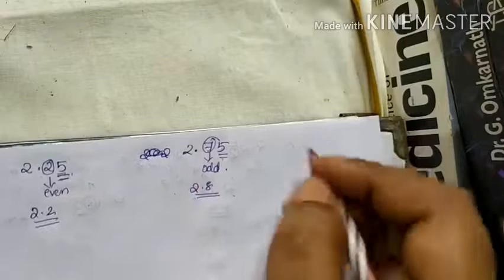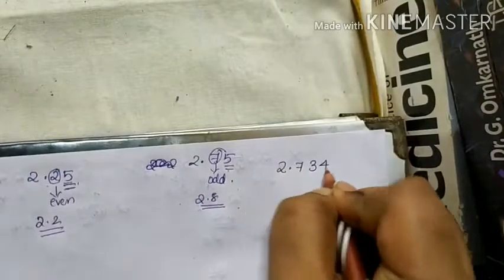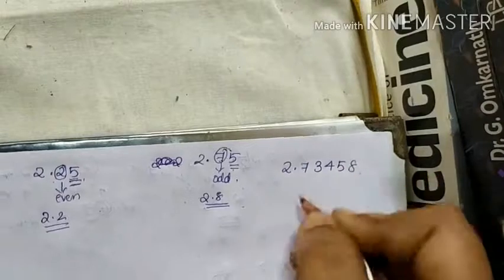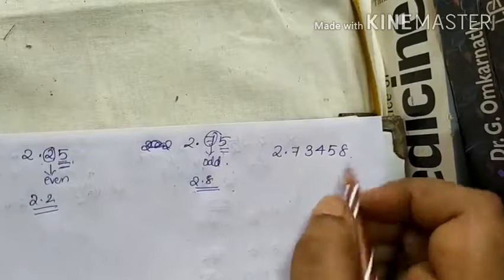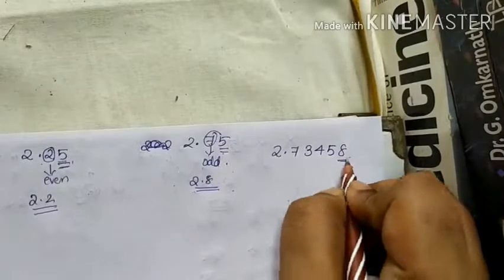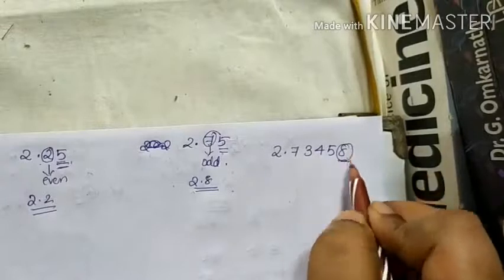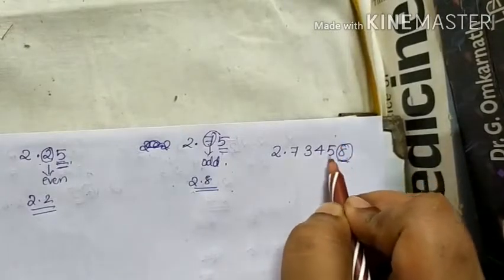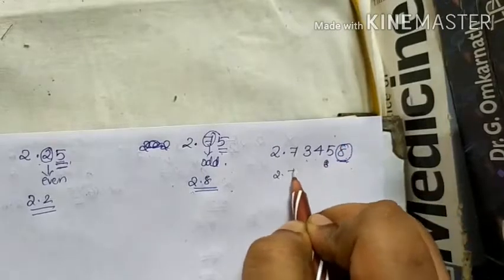Here, let's do a simple example like this. Let's say 2.73458. How would you round it off? It's very easy, guys. 8 means you can do it as it is, but I am telling you the proper way. 8 is greater than 5, add 1 to this one, so it becomes 6. Greater than 5, add 1 to this, becomes 2.735.